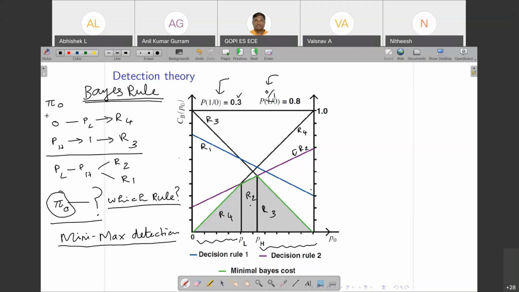But that needs the prior probability pi naught. But if it is not known in real time, then I have to somehow fix the rule. In that case, which rule do I have to go with? To answer that question, we are going to discuss in the next class what about this minimax detection. We'll stop here. So we shall discuss the minimax technique in the next class.